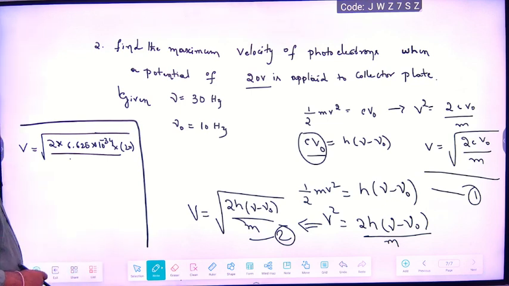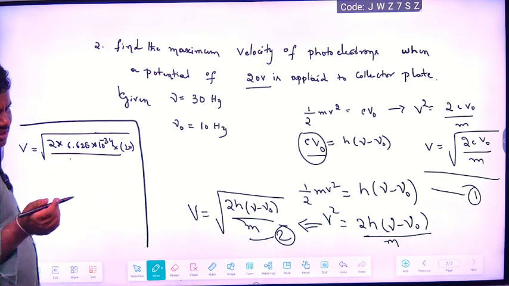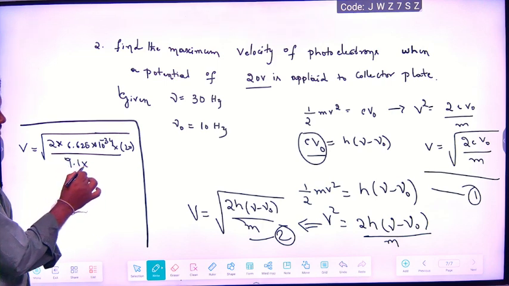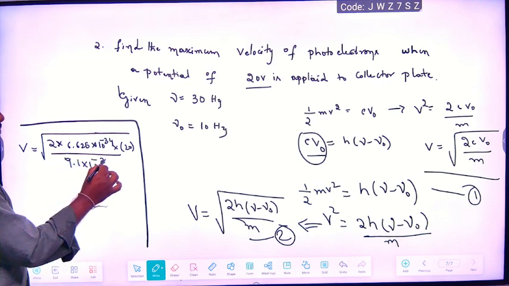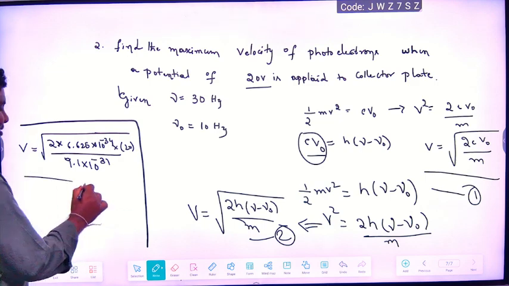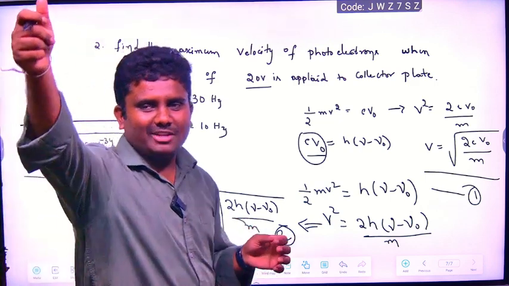How much? What is the mass of electron? What is the mass of proton? 6.6 is the charge. Mass of electron is 9.1 into 10 to the power of minus 31 kg. You should multiply this, you'll get the answer. Do it. Find the answer.